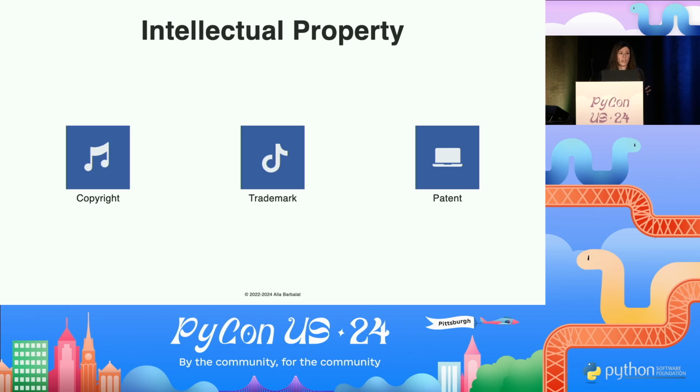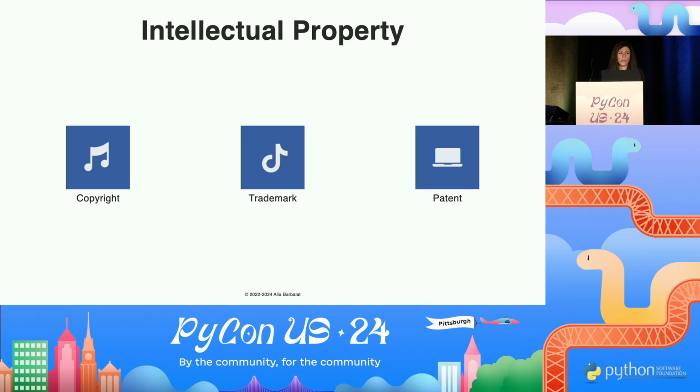You can think of artistic expression broadly, including literary works, movies, movie scripts, paintings, photographs, a very broad range of artistic expression. And we will circle back to copyright because that is what the bulk of this presentation will focus on.